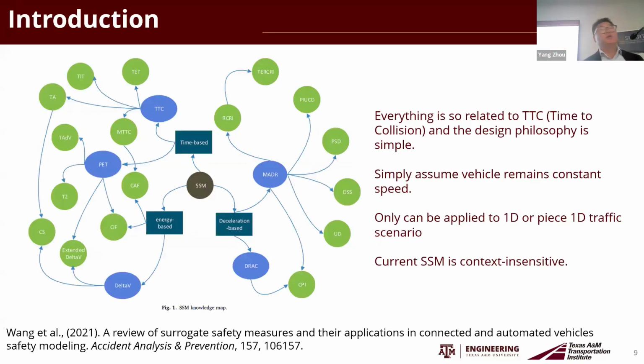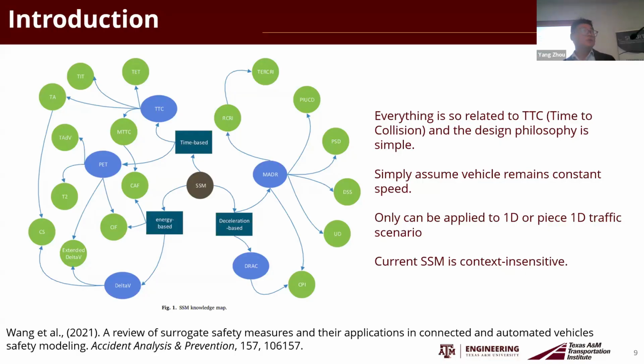Let's look at what has been analyzed so far since 1975, which is when time to collision was first proposed. Even though four decades have passed, I should say that nowadays surrogate safety measures are still closely related to time to collision, while the design philosophy is really simple.